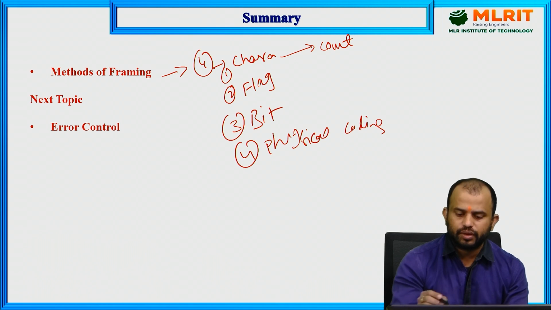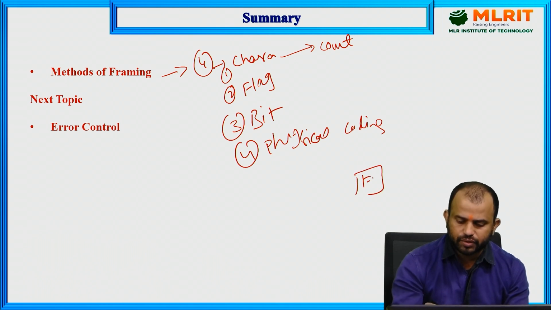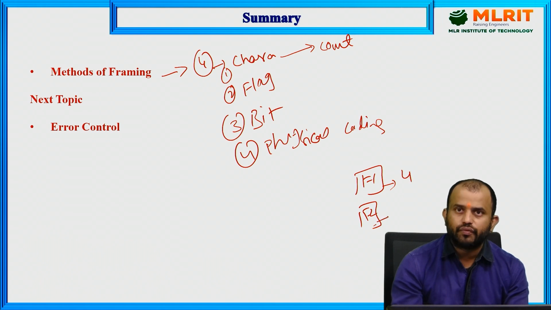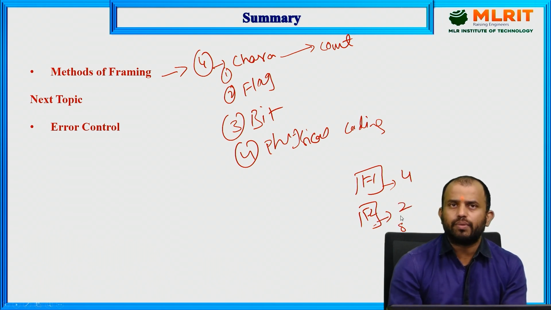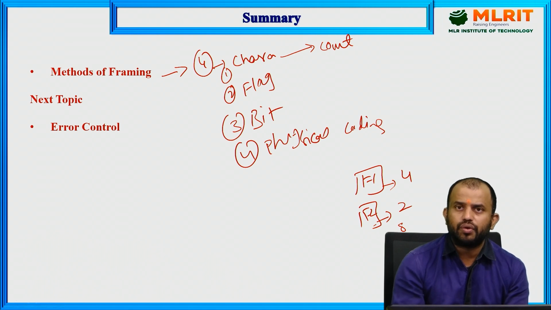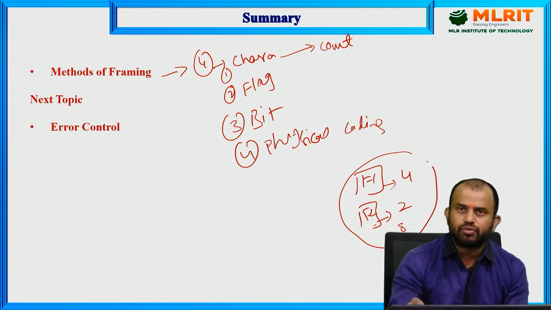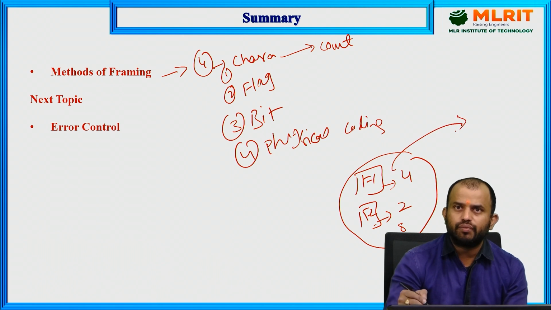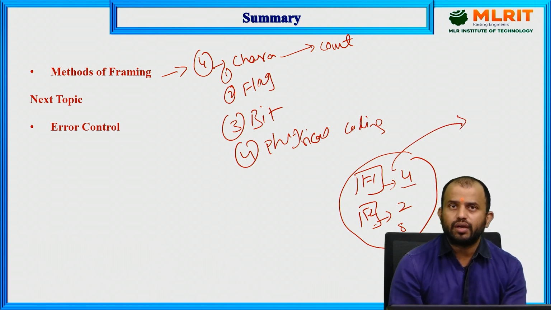For example, when information is transmitted, 10 different frames are generated. Frame 1 may contain 4 characters, frame 2 may contain 2 characters, frame 3 may contain 8 characters. Depending on the framing structure, we generate the count values. The same information is transmitted to the receiver section, where we decode it based on the character count.